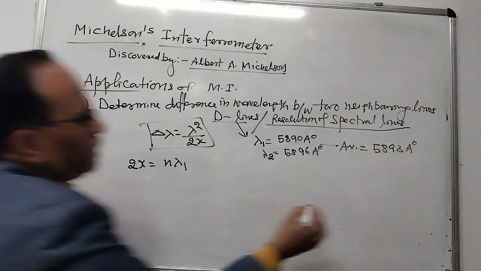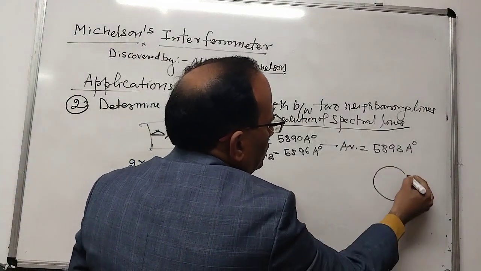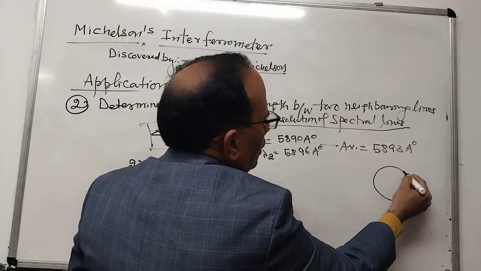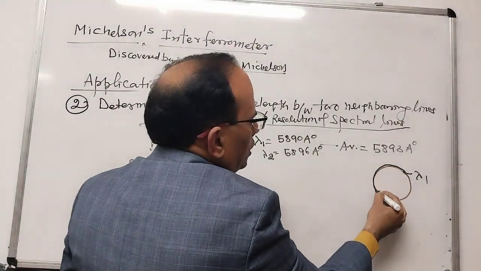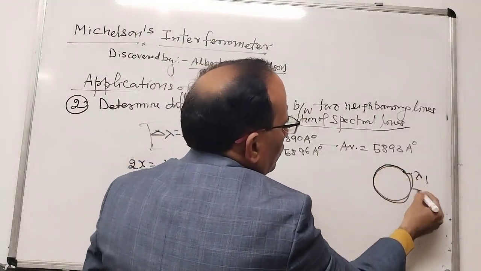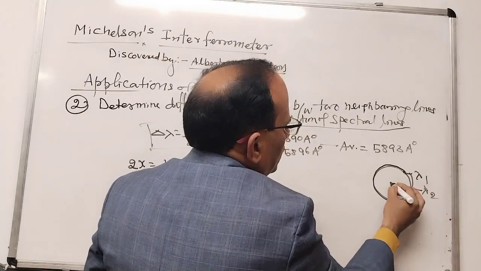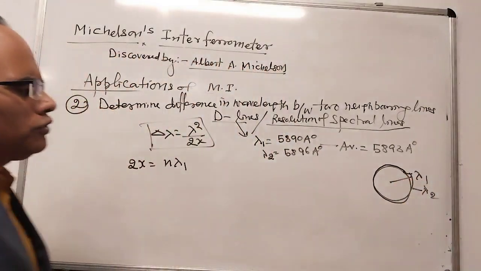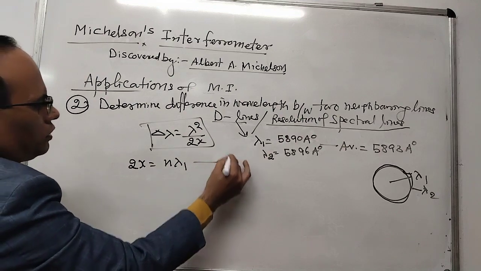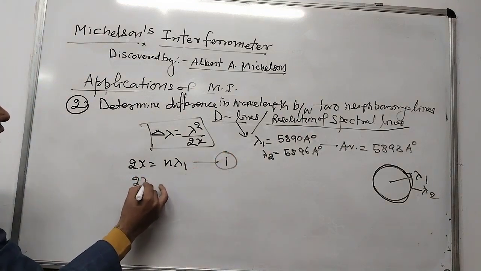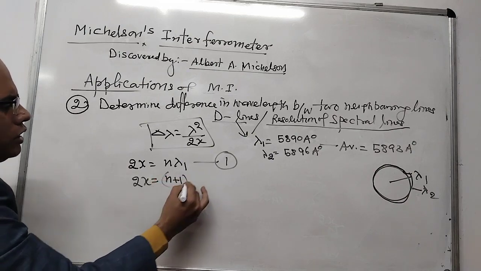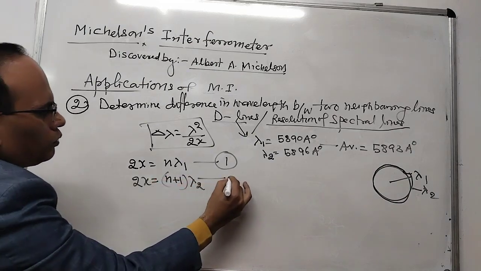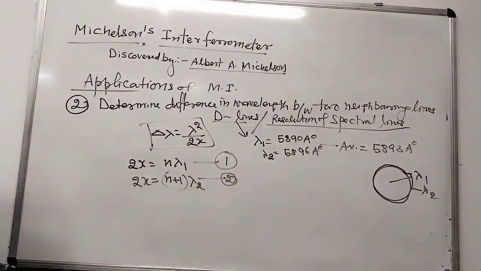We suppose there are two rings, and this is λ1, and very close to this there is another wavelength called λ2. So from the center the distance is almost the same, by approximation. So this is one equation. The second equation we can write is 2x = (n+1)λ2, because it is the next order of wavelength 2. Now we can equate these two.